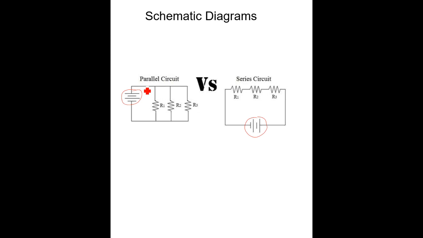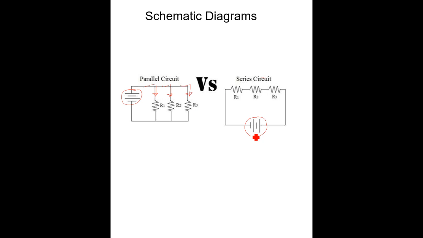For the parallel circuit, the electrons can either take this branch, or this branch, or this branch. Because they can take three different branches, the current that's coming out of the battery in the first place is divided between these three different branches.